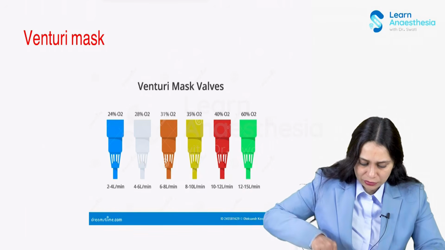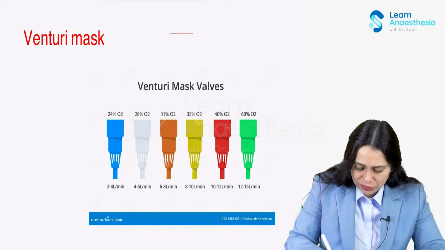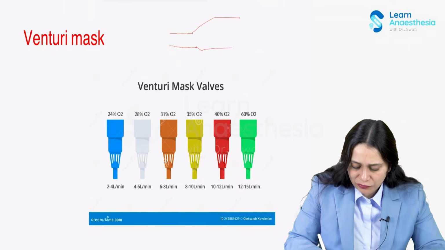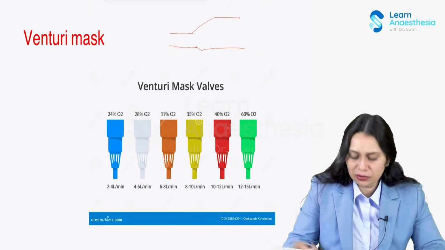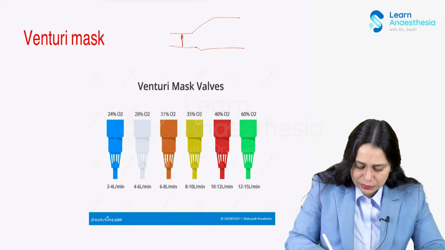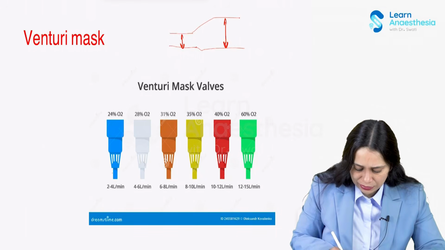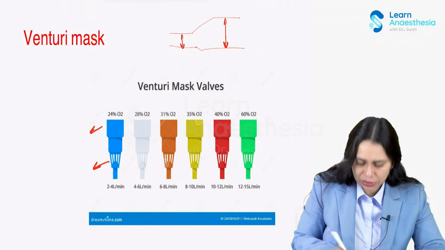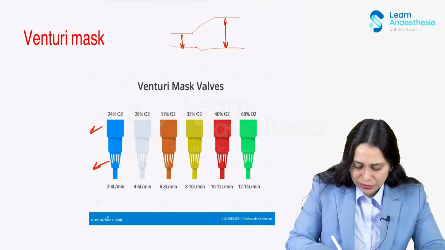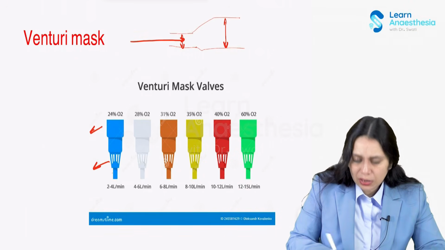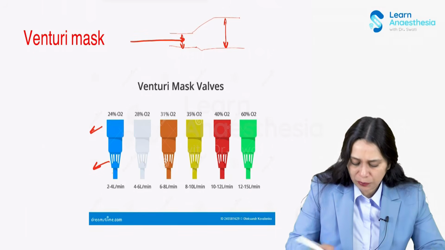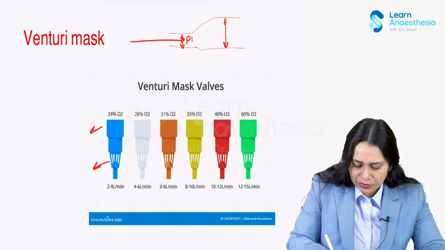So I am trying to tell you that the Venturi mask has a Venturi barrel, which is tubes with different cross-sectional area. Now this is a lesser cross-sectional area, this is a higher cross-sectional area. So when we give gas at a flow, when it goes into the constricted part, here the pressure decreases.